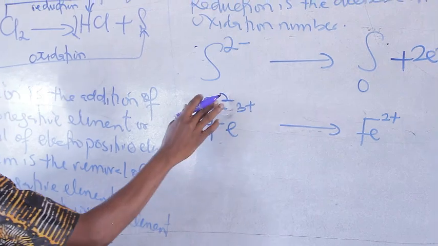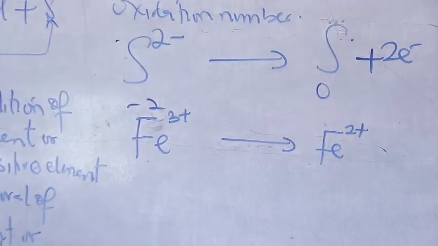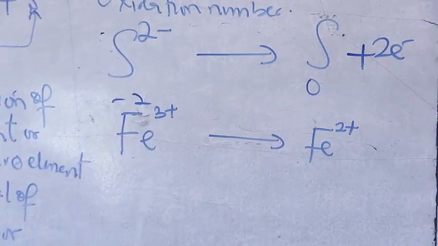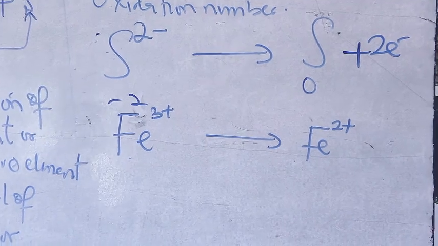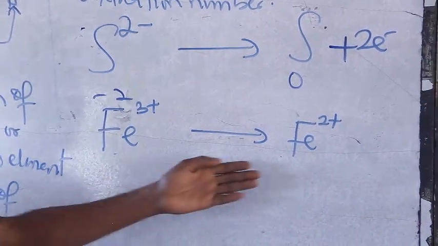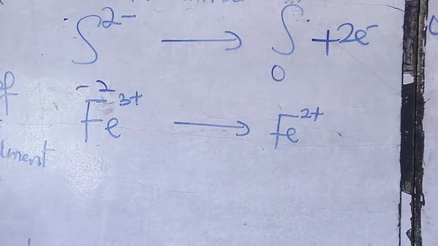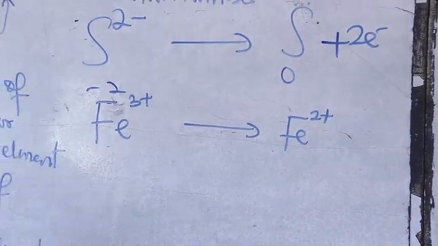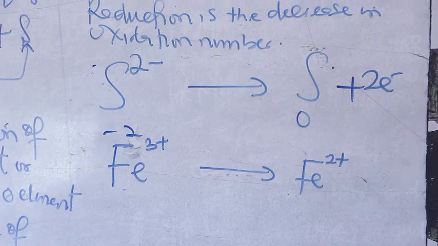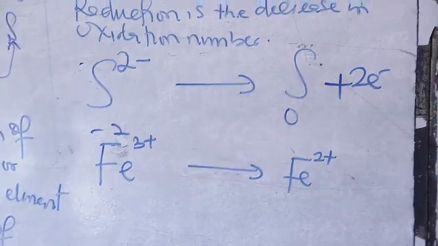So this is another example. We have Fe3+ going to Fe2+. What happens to the oxidation number here? It decreases.